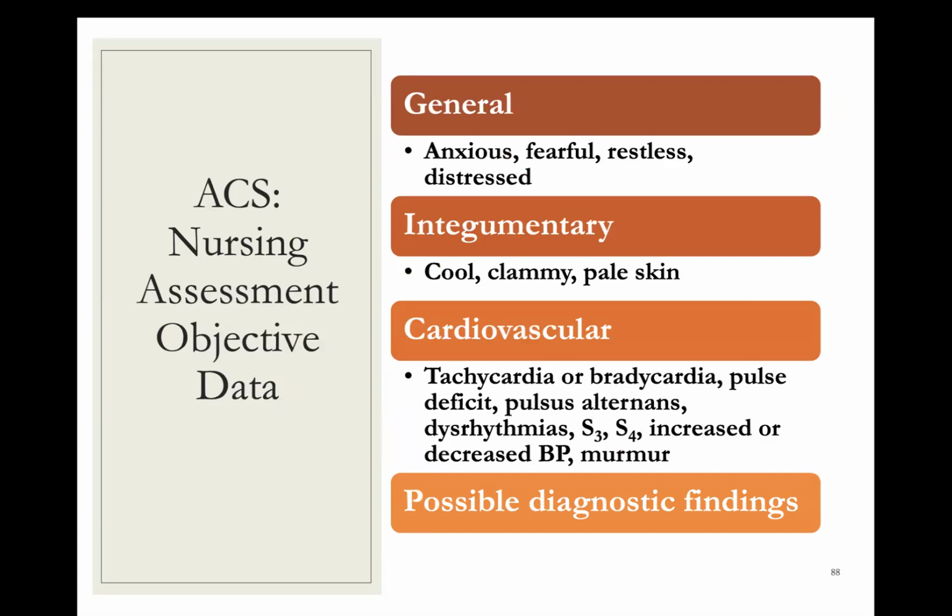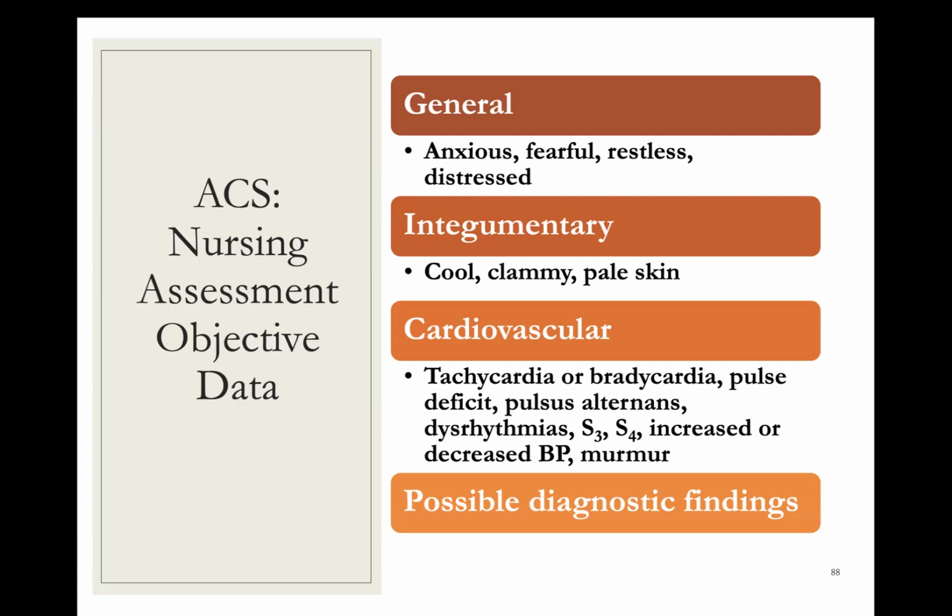So remember, if we are listening to their pulse on their mitral area, the apex of their heart, and then we're palpating their radial pulse, is there a difference between what we're feeling and what we're hearing? And then we want to make sure that we're monitoring for dysrhythmias.